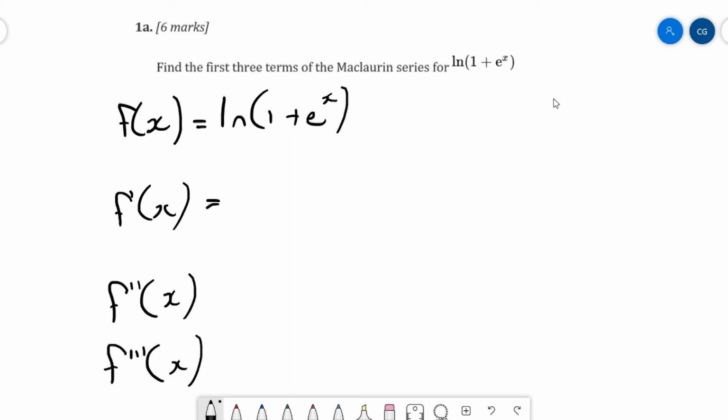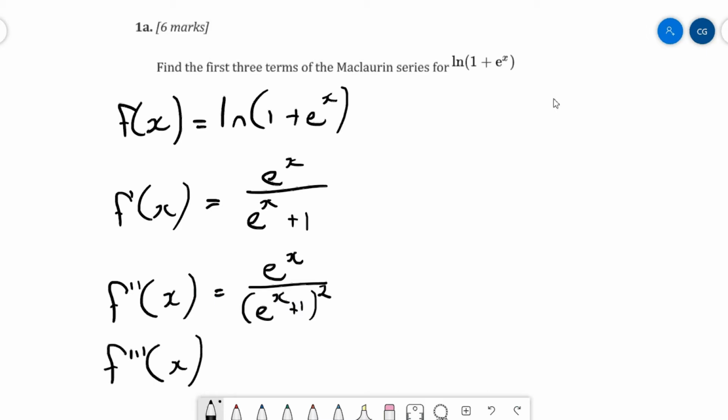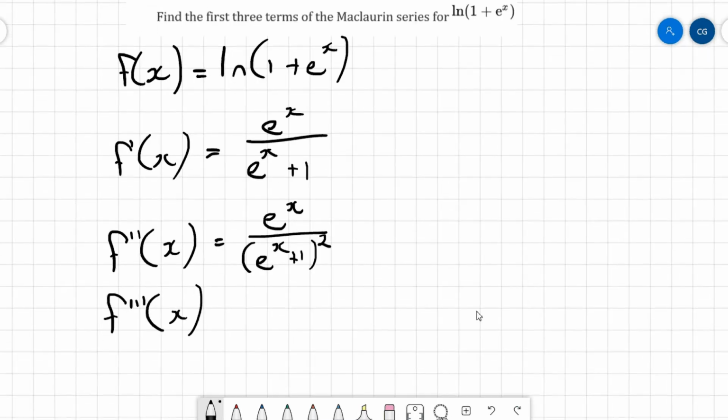My first derivative, in this case, would be e to the power of x over e to the power of x plus 1. Then my second derivative will be e to the power of x over e to the power of x plus 1 whole squared. And then finally, I'm going to scroll slightly down more.